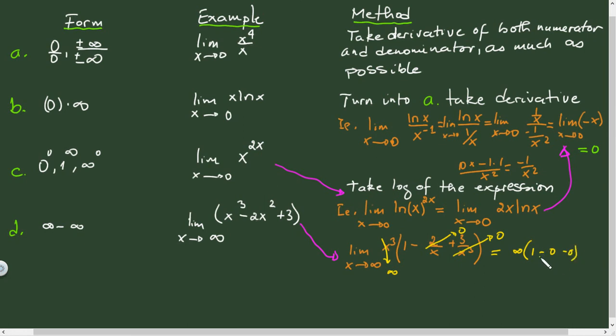So the whole thing here disappears. We still have infinity, and our result is actually infinity, and the limit is plus or minus infinity. It really depends on the sign of the coefficient of the highest degree.